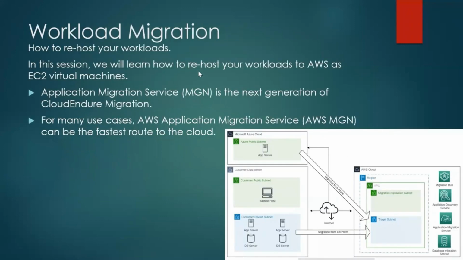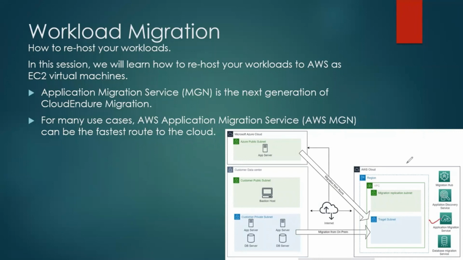Once we have discovered the environment and gathered the information, we will think about workload migration. In this part of the series, I'll stress how to rehost your workloads. Rehost means lift and shift, as it is, from on-premises to the AWS cloud. I hope you remember this was the architecture that I discussed before. Here I'll use Application Migration Service.